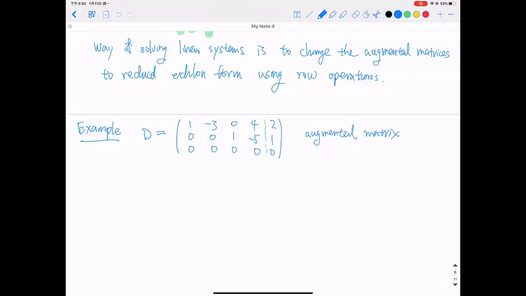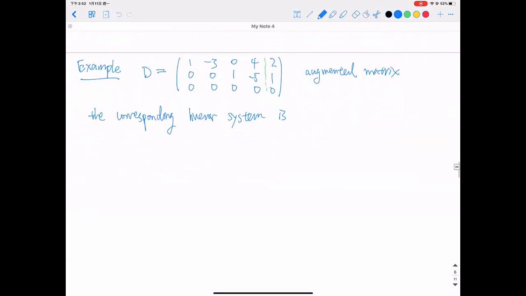So the corresponding linear system is x1 minus 3x2 plus 4x4 equals 2, and x3 minus 5x4 equals 1.